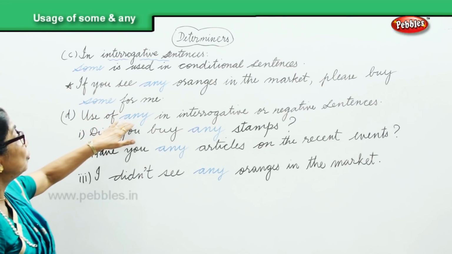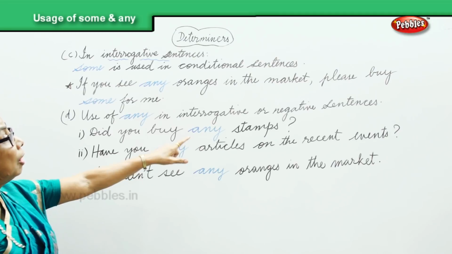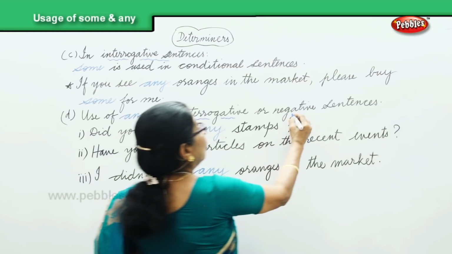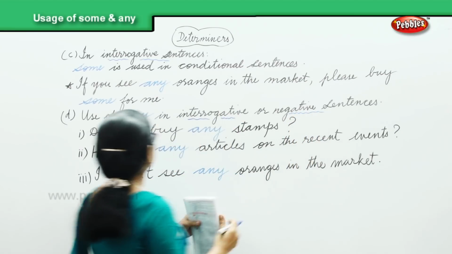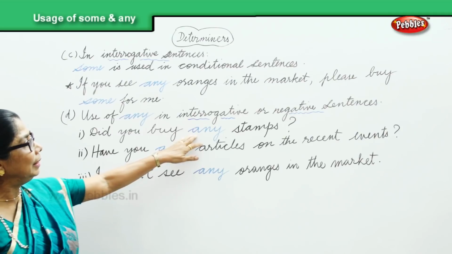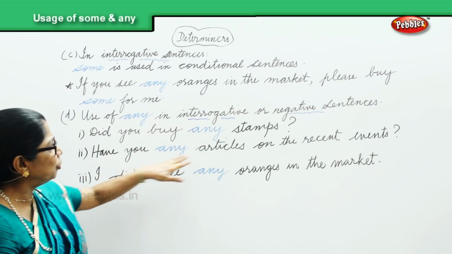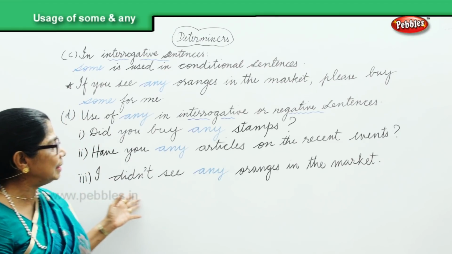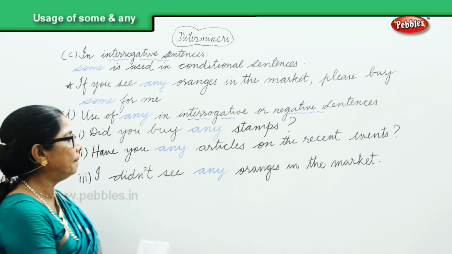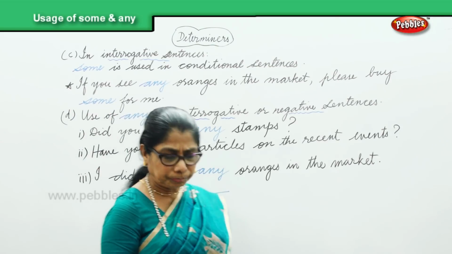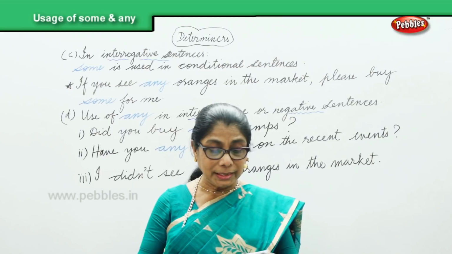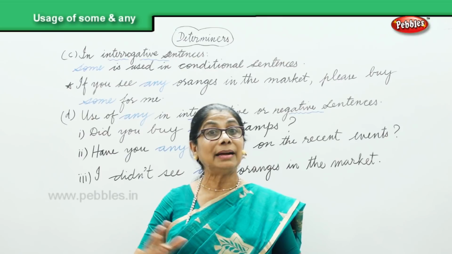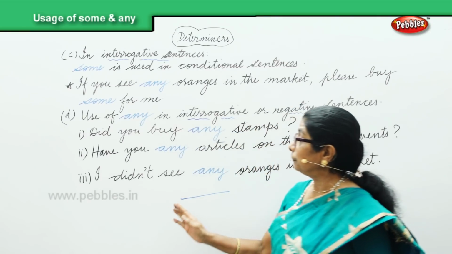Then the use of any in interrogative or negative sentences. Did you buy any stamps? Have you any articles on the recent events? I didn't see any oranges in the market. Okay? Now, we have done some and any in various sentences. The use of some and any.